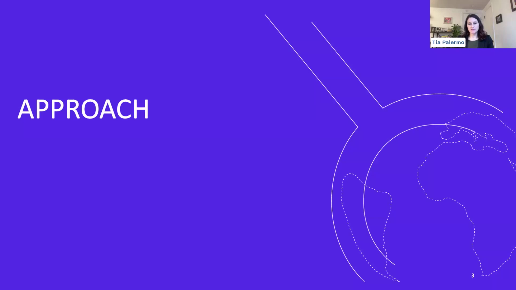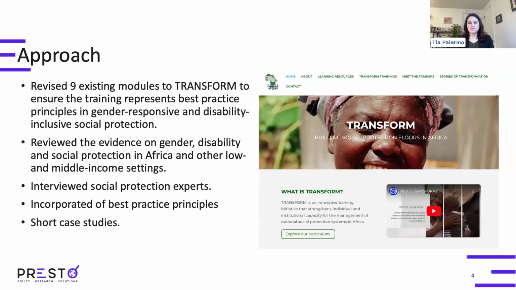The approach that we took to making these revisions of 9 existing modules of Transform was to ensure that the trainings represent best practice principles. So, for example, recommendations under the Joint Statement on Inclusive Social Protection for Persons with Disabilities, led by ILO and the International Disability Alliance.